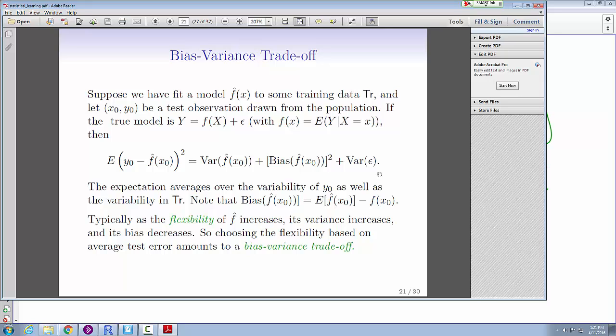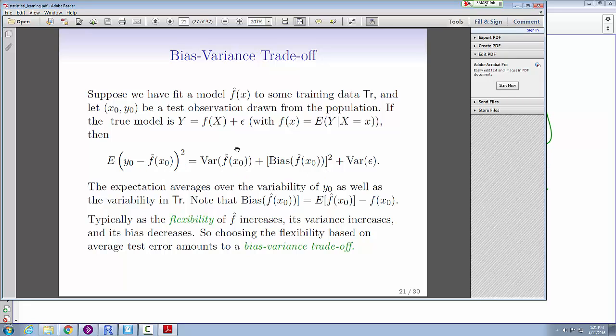This is important. There is the mean squared error, the expected value of observed minus fitted quantity squared. You can write that algebraically this way.